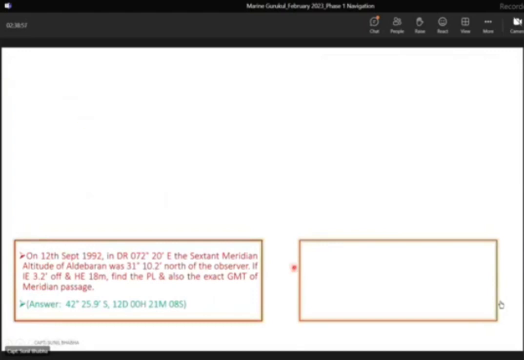Now we have seen that the meridian passage of the star would occur when the value of GHA Aries is 356 degrees 32.9 minutes. So let's see now how we find out at what time the value of GHA Aries is equal to 356 32.9. Let's open up the daily page of the almanac.